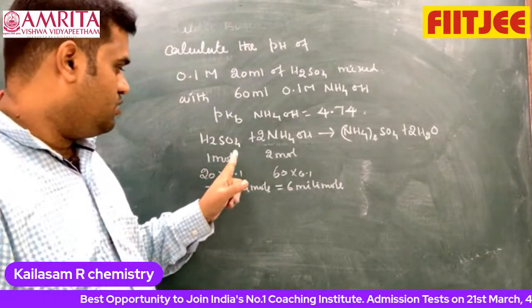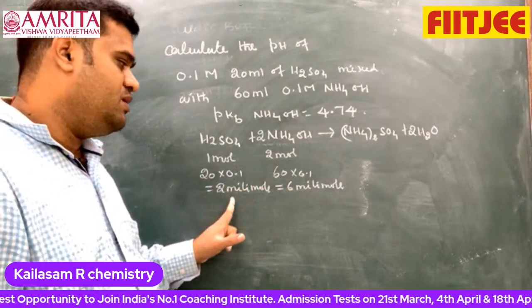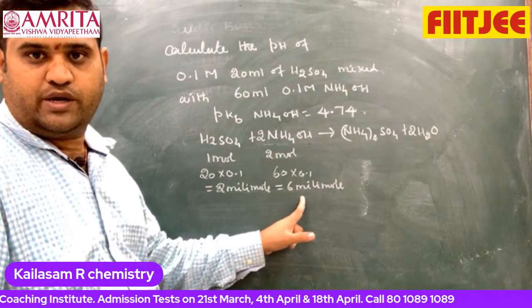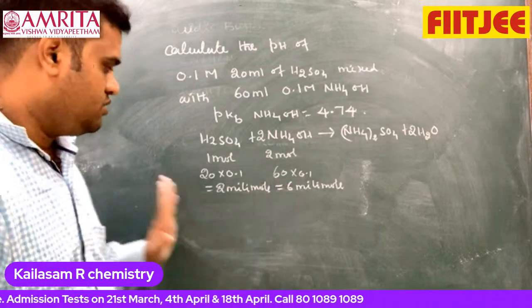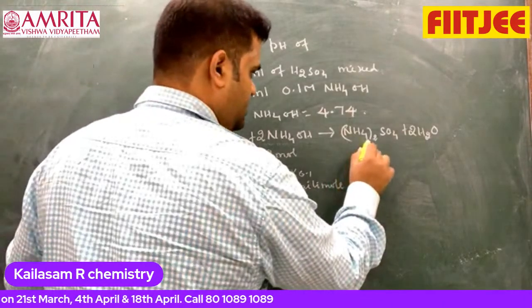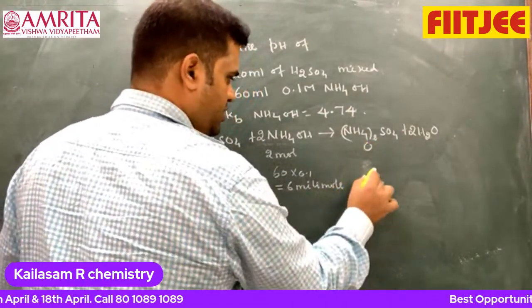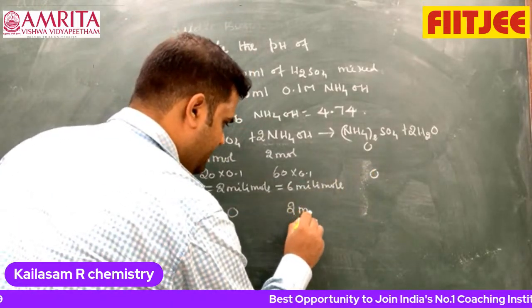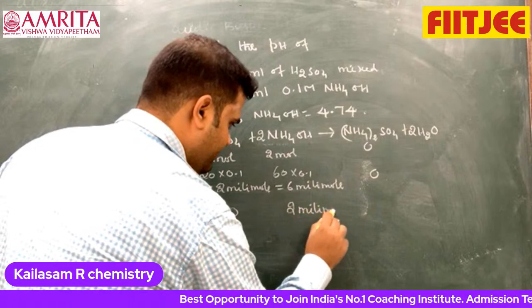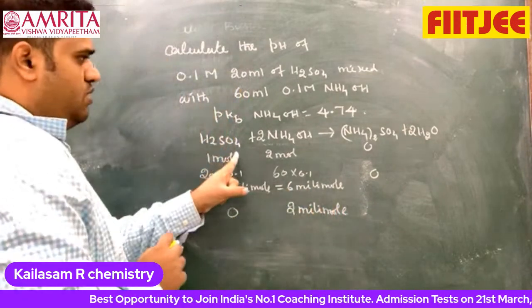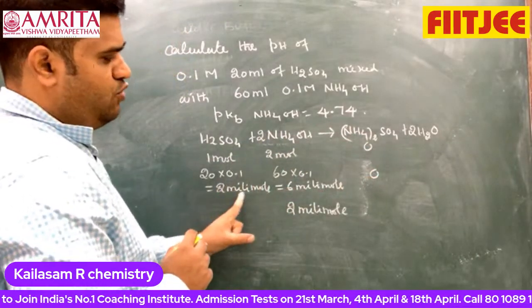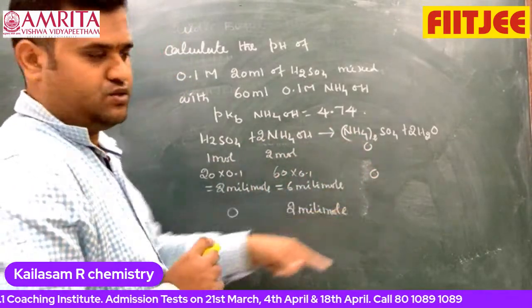Now obviously 1 mole reacts with 2 moles, so 2 millimole reacts with 4 millimole. Obviously this will be 0, and here also I can write 0. Here 2 millimole is unreacted. So 1 mole is going to give 1 mole, therefore 2 millimole is going to give 2 millimole only.